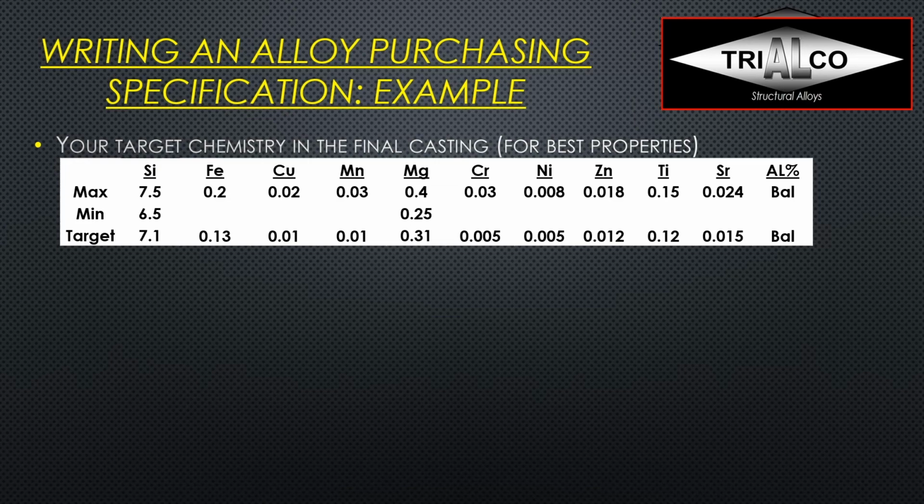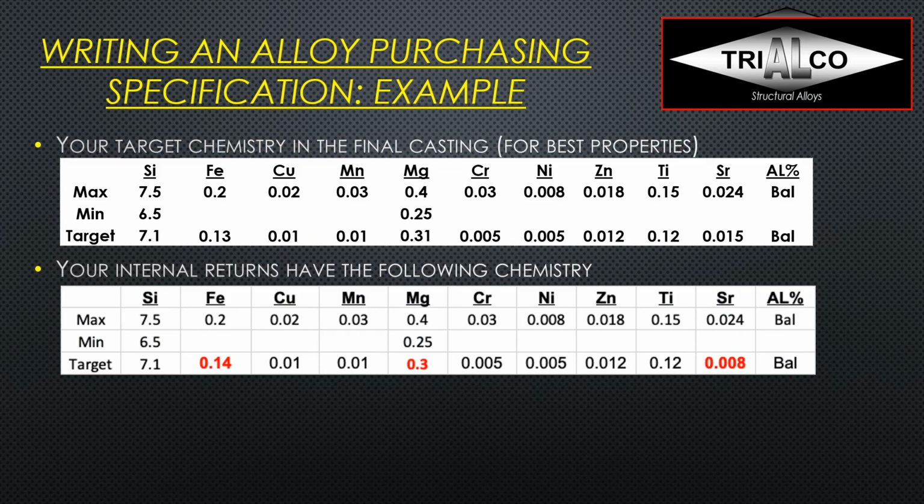So you have to look at internal returns, and for that, I have just chosen this chemistry, for example. We can see that I actually picked up a little bit of iron here. My usual 0.13 in the melting furnace has become 0.14 with the returns. And I lost some magnesium and strontium, so that's a little less than I had before in my metal.